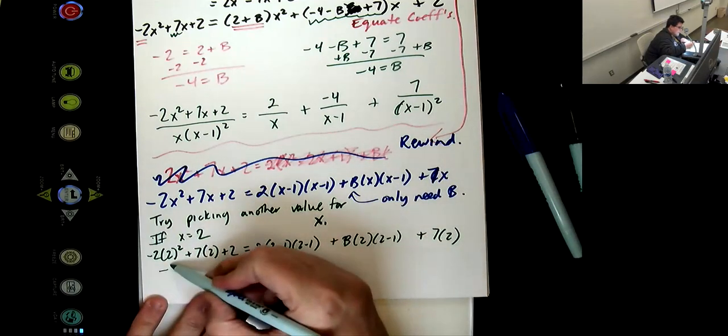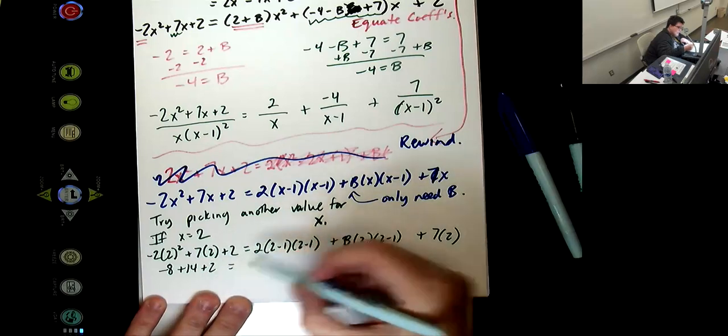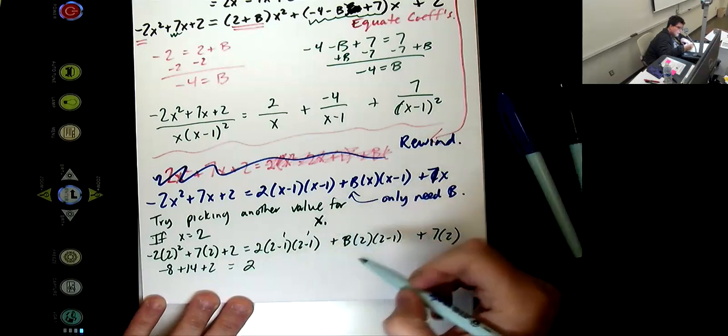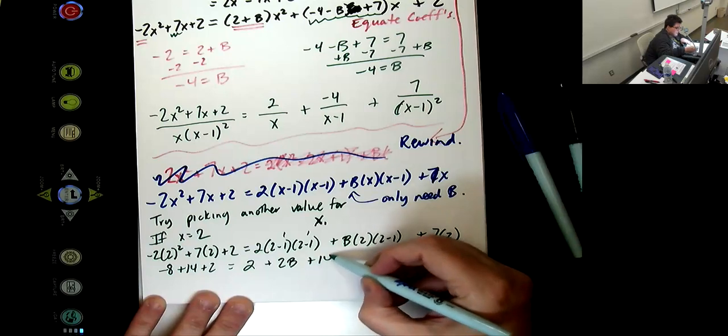Yeah, -8 plus 14 plus 2 equals, that's a 1, that's a 1, that's a 2 right there, plus 2b plus 14.